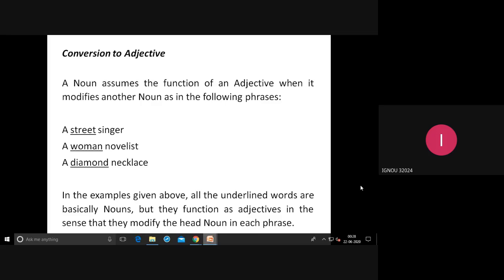Yes sir. Please type your question in the chat box. Type out an example. I can't hear you. Why don't you type it out? Sir, look in the chat box, the students are typing their questions there.